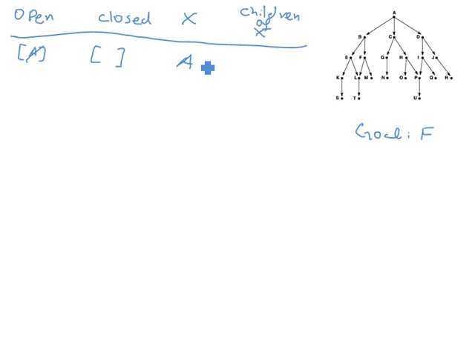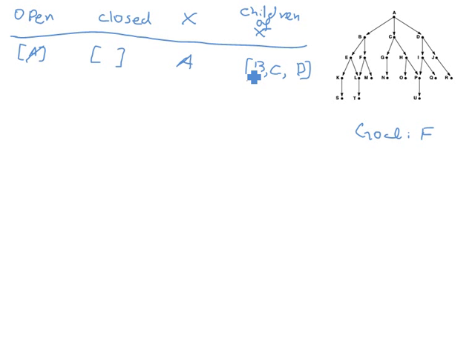Now we check if x is the goal, then we return success. It means we have found our goal. But if it is not, then we generate the children of x. In our case, the children of x are B, C, and D. Okay.